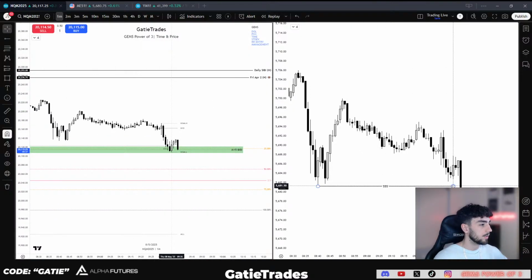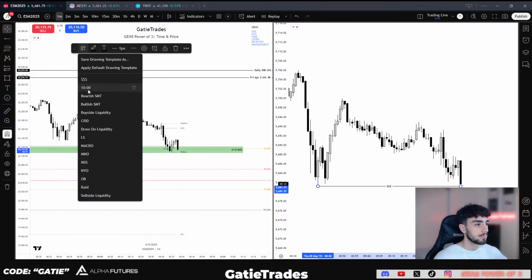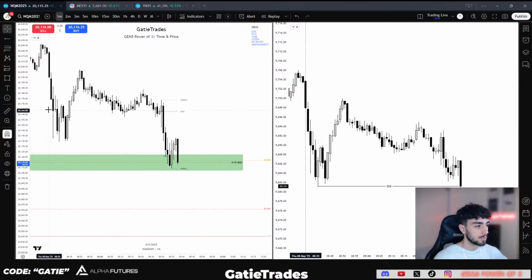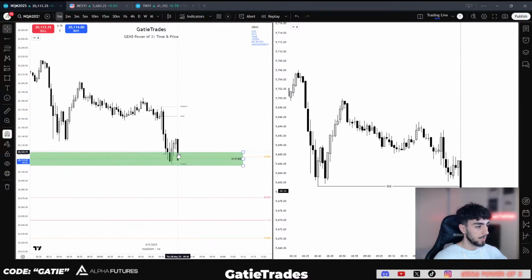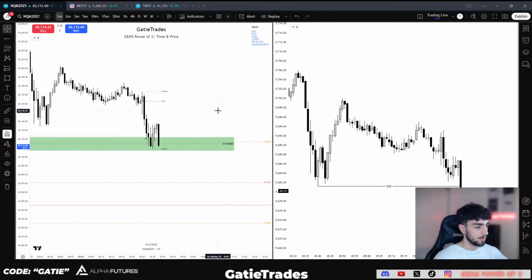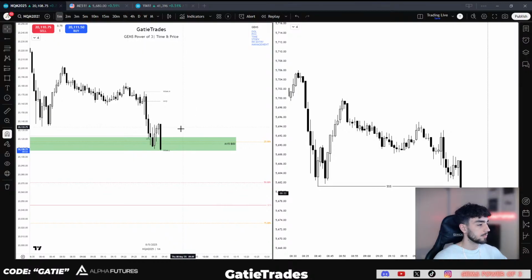All right, we get a lower low there on S&P, taking out the sell side. Maybe we get a fair value gap in this move lower. We take out the low here as well.